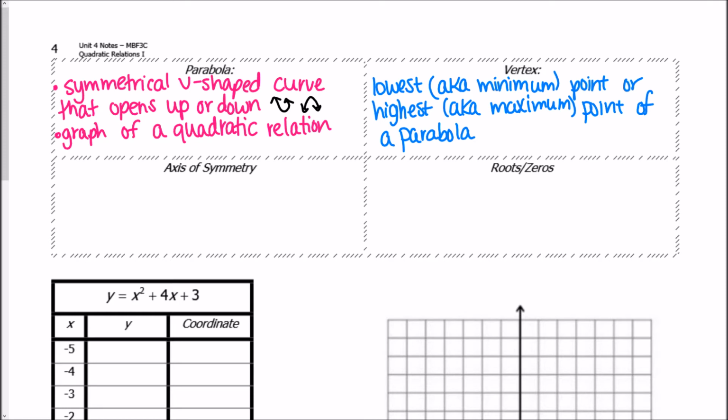Okay? All right, next vocabulary word that we have here is the axis of symmetry. The axis of symmetry is just the vertical line that cuts the parabola in half. It's literally a line of symmetry.